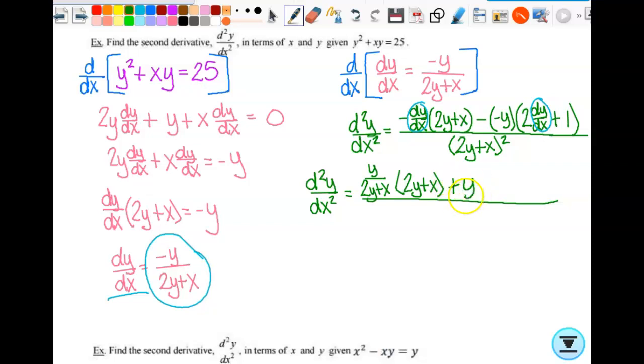So positive y times 2 times negative y over 2y plus x, plus 1. Oh, wait, hang on. I don't need that parentheses there. I have too many parentheses. I put another plus there, because I'm not multiplying 2 by everything. I'm only multiplying 2 times this part. Just plug in the dy dx. And then the denominator is 2y plus x squared.